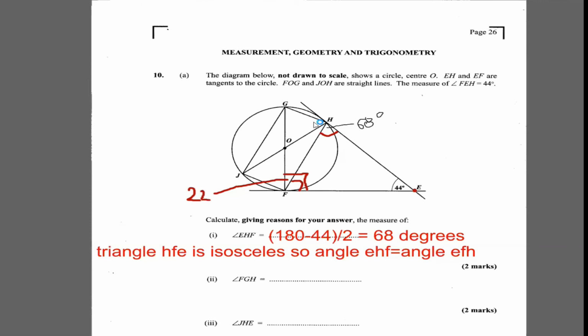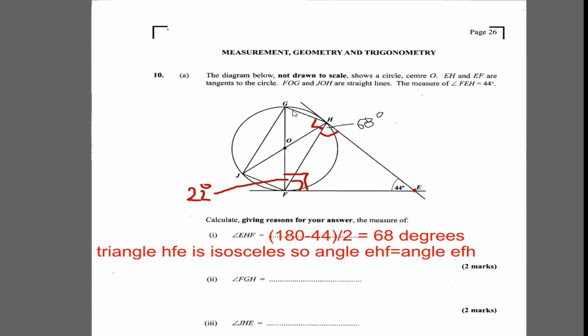All right, but then this angle now is 90. This angle is 90. Angle in a semicircle is 90. Nice. So then angles in a triangle sum to 180.